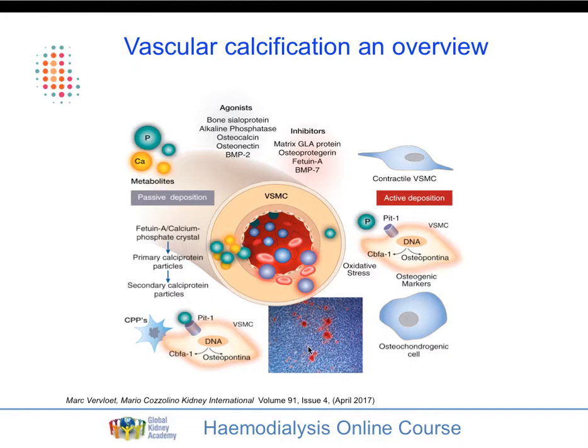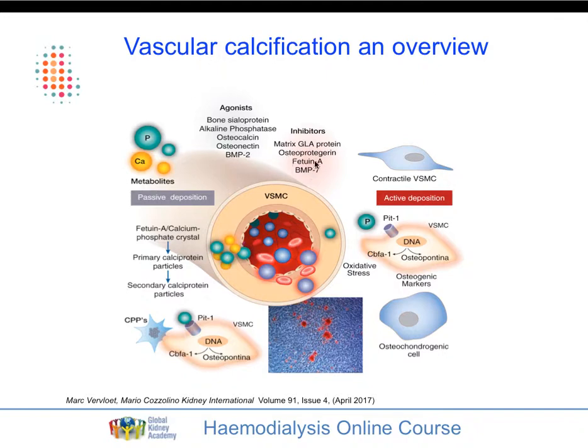So, as you know, in kidney disease, the calcification mainly occurs in the media rather than the intima. So this is all referring to medial calcification. And then again, you've got these inhibitors of calcification and agonists of calcification, and so the relative balance of calcification or not will depend on the activity of these.